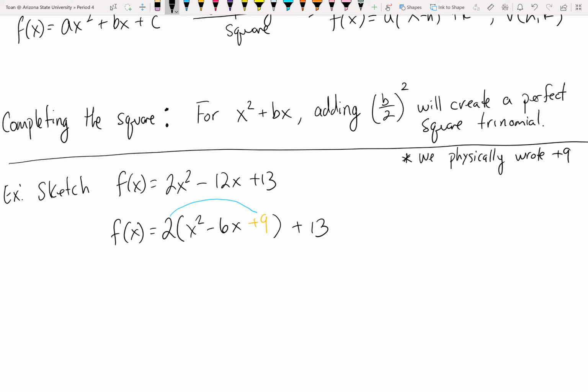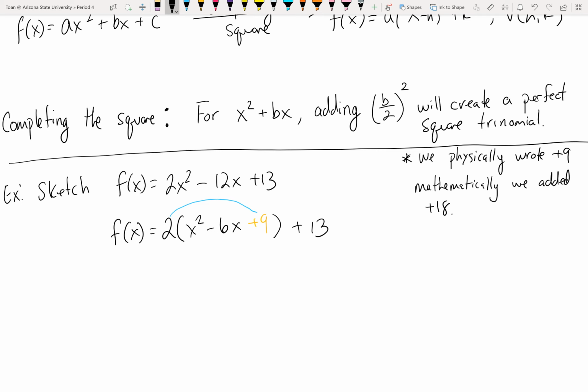So although physically we wrote a plus 9, mathematically, we added a plus 18. So I'm going to let you guys think about that for 10 to 15 seconds. Physically, we wrote down plus 9, but mathematically, that plus 9 is playing the role of a plus 18. You guys okay with that idea?